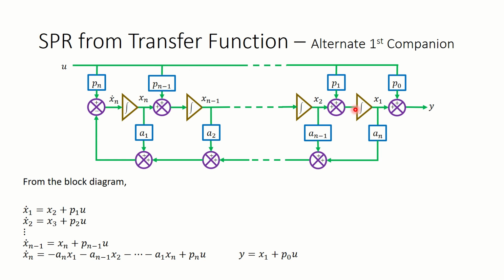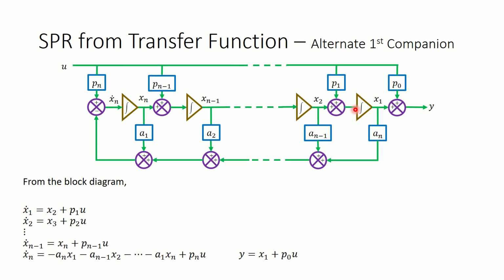If you consider the unforced system, then the previous first companion form and this alternate first companion form will remain similar. The state dynamics will remain similar.